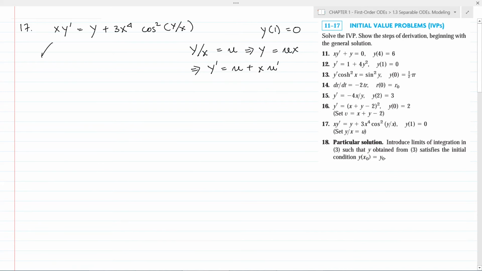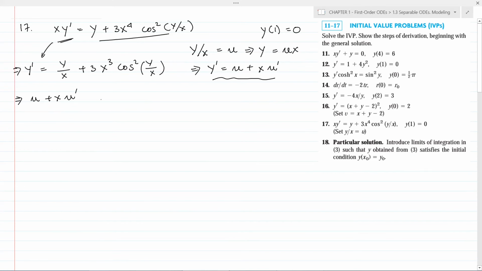Now, we write this differential equation as y' = y/x + 3x³ cos²(y/x), by dividing with x on the left hand side and on the right hand side. We write this as u + x u' = u + 3x³ cos² u.